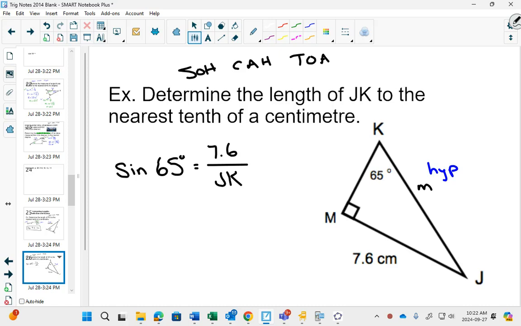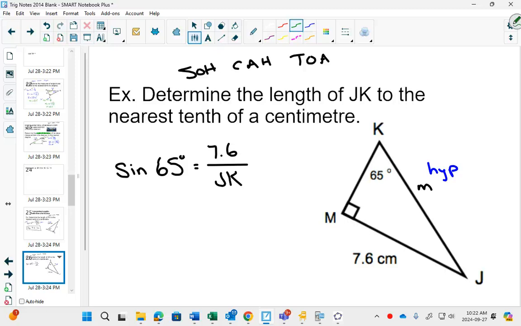You could use little m, or if you put an x there, I'm going to tell you what you're going to do most in your life is put a little x on the thing that you don't know. Because in algebra, that's what's going to happen the most in your life. So that's your go-to letter, x. And then you would just write an x on the bottom and solve for x. But I'm going to use JK because the question had JK.